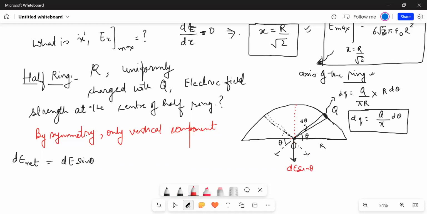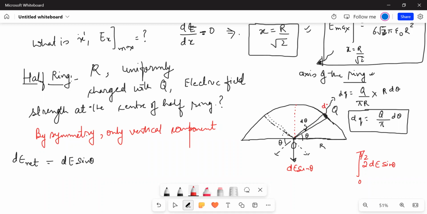But if you are actually adding these two components and writing 2 dE sine theta, then you would integrate from 0 to pi by 2, because theta varying from 0 to pi by 2 means you are assuming a symmetrically opposite differential element.